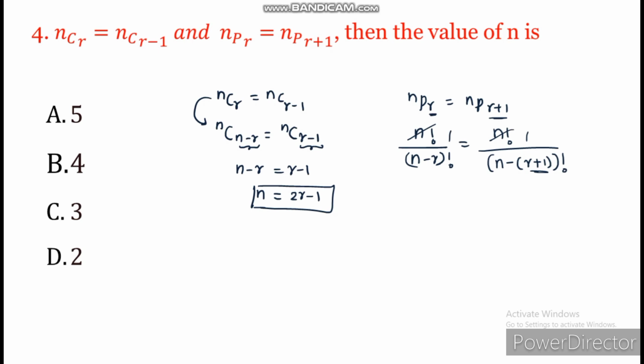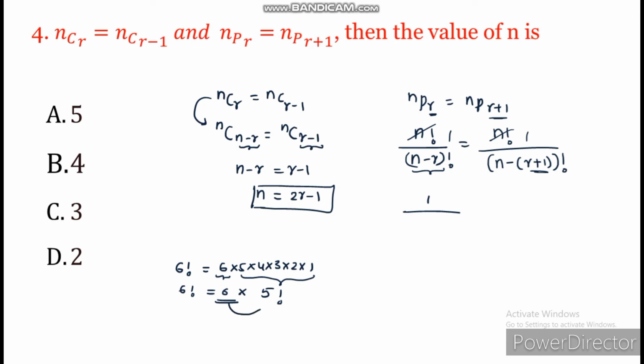Now if you compare on both sides, 1 by this (n minus r) factorial, how can you write it? See here, 6 factorial is nothing but 6 into 5 into 4 into 3 into 2 into 1. We can write this as 6 as it is, and the whole remaining thing as 5 factorial. This means the number as it is, and 1 less than that factorial.